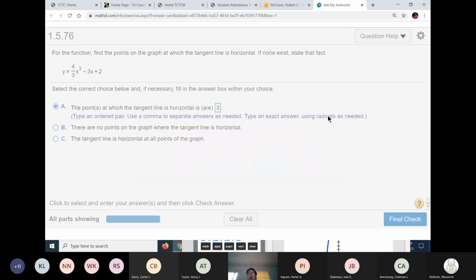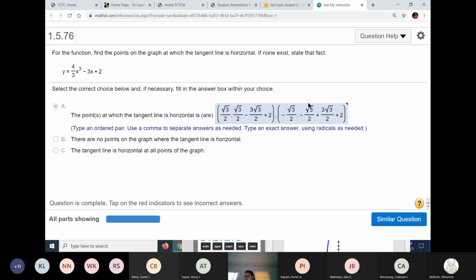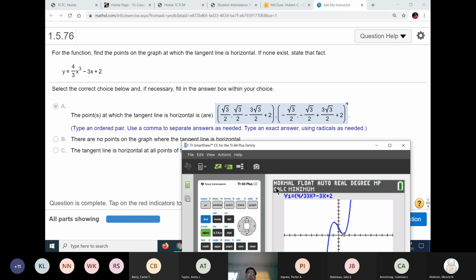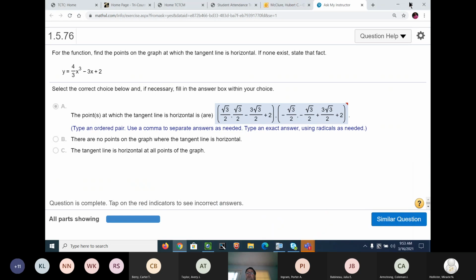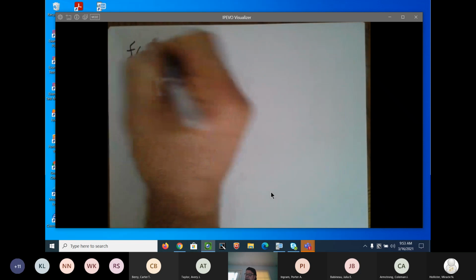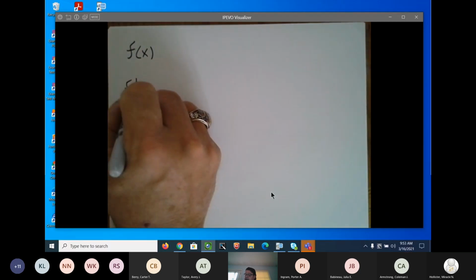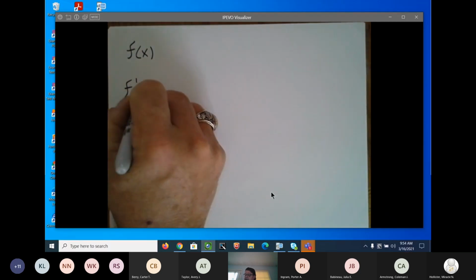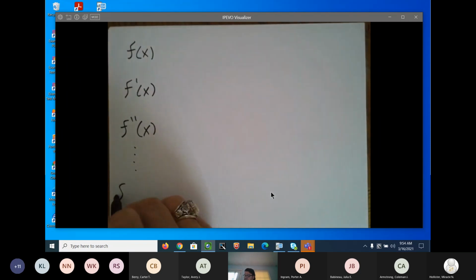Now, what are they doing? Well, I'm going to show you a trick, and it's called f of x, then f prime of x, f double prime of x, and so on. F fifth prime of x.